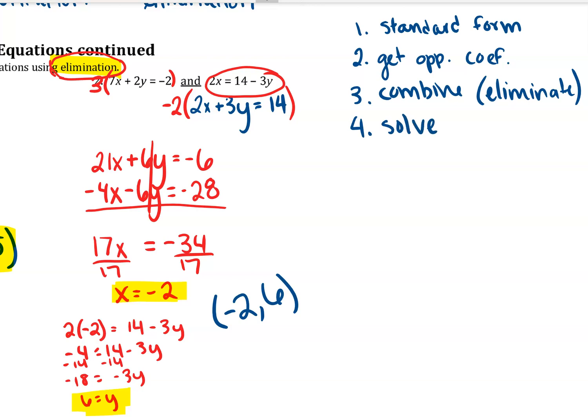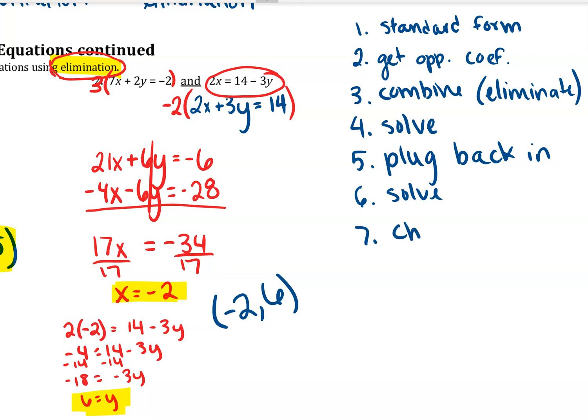So that's what we did here. We solved for the x. Step 5 will be to plug back in to one of the equations to solve for the remaining variable. Then you're going to write your answer as a point and then check your work. So checking our work is what we still have left to do.